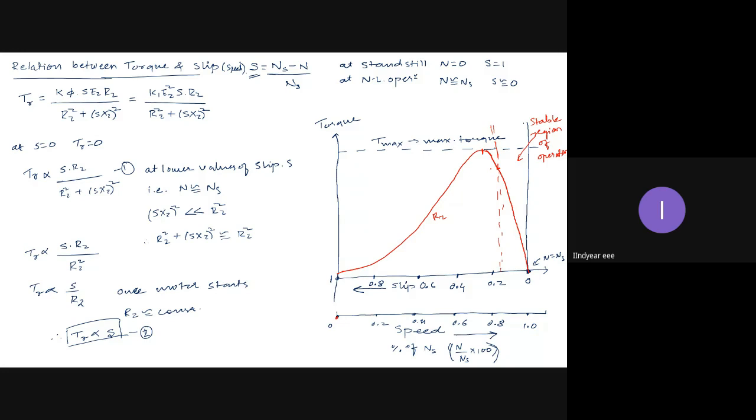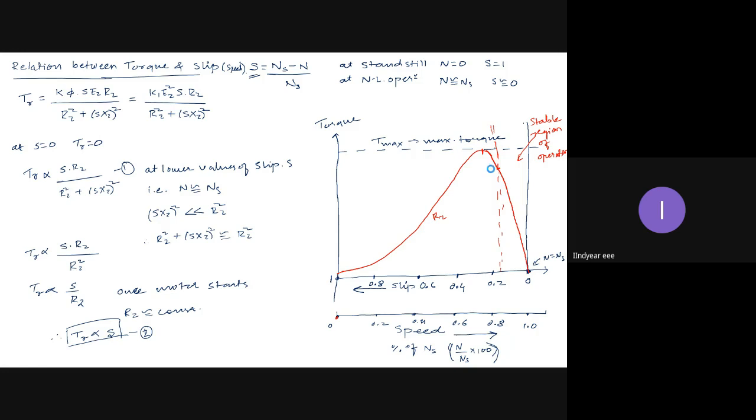So from equation 1 and 2, and even from equation 3, we observe the rotor resistance has no role to play in the maximum torque. Yes, the maximum torque is not decided by the rotor resistance. Maximum torque is fixed.